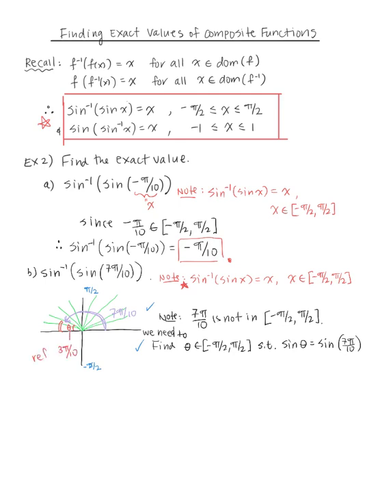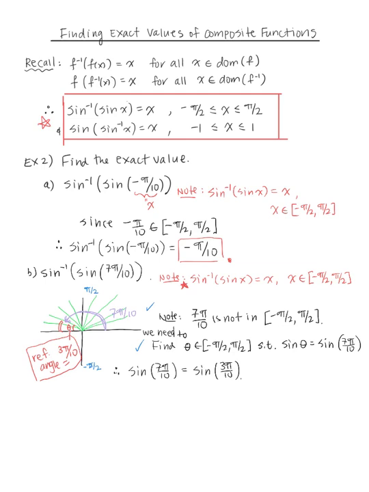So that is our reference angle. So that means by the reference angle theorem, what we just found out is this. So therefore, sine of 7 pi over 10 is sine of 3 pi over 10.